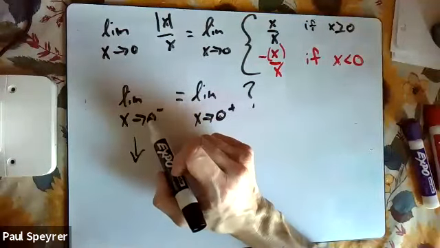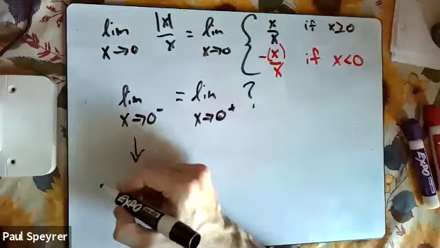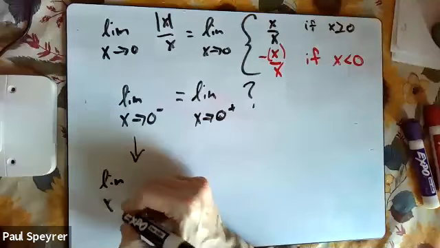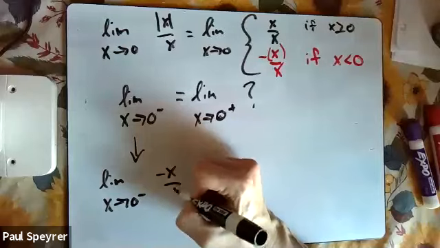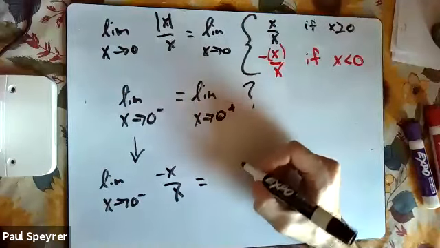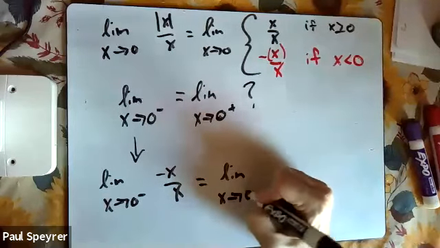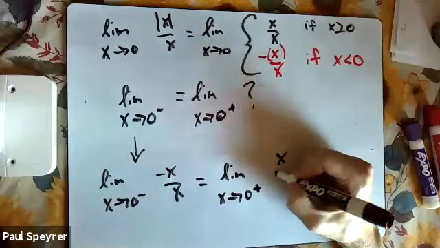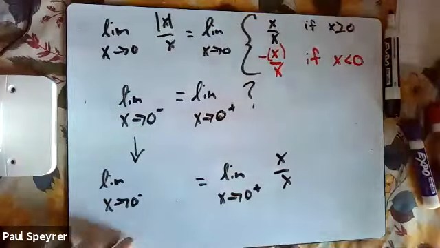Since we're approaching 0 from the left, we're going to be using this particular function right here. So we have the limit as x approaches 0 from the left of negative x over x. That's this one right here. Does that equal the limit as x approaches 0 from the right of positive x over x? That's this one, right? I'll put this in red. That way you can match it up.